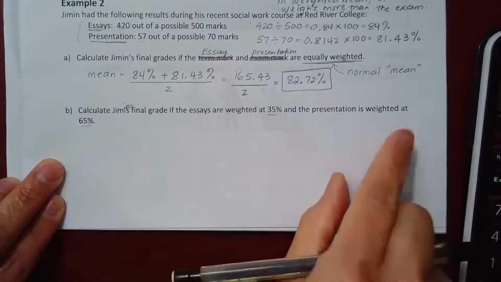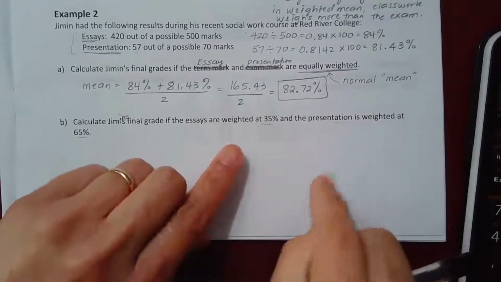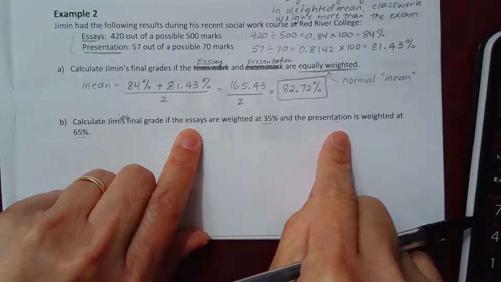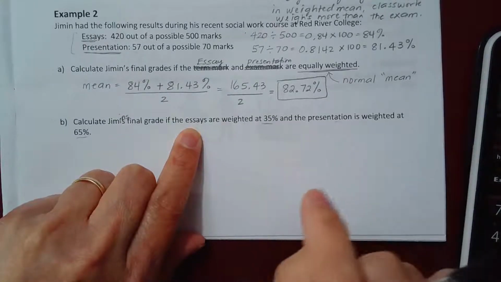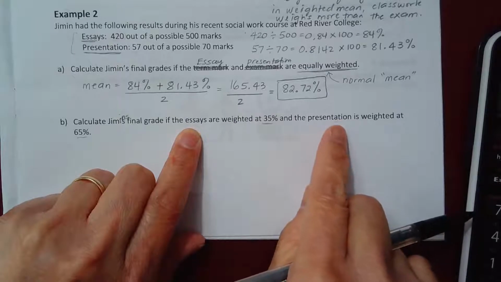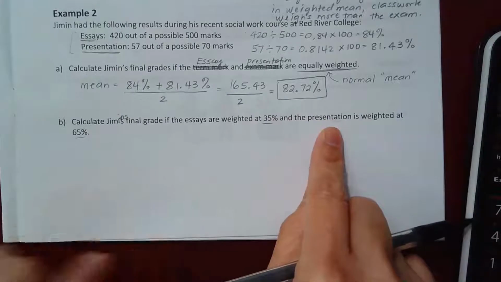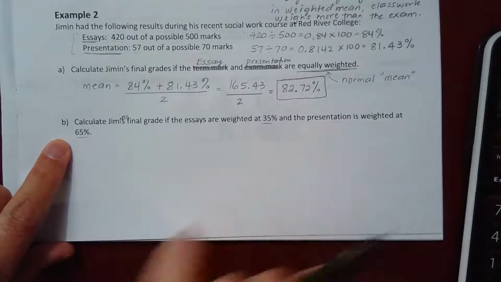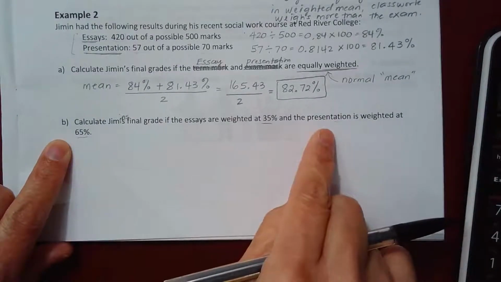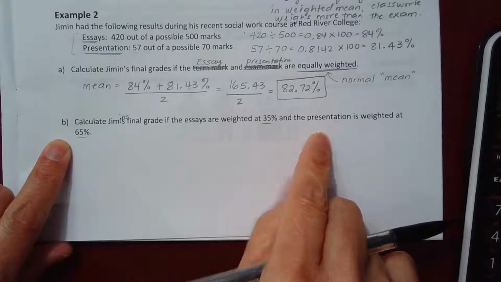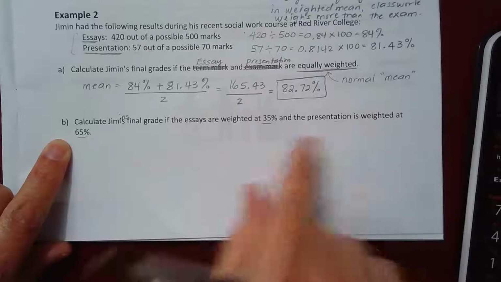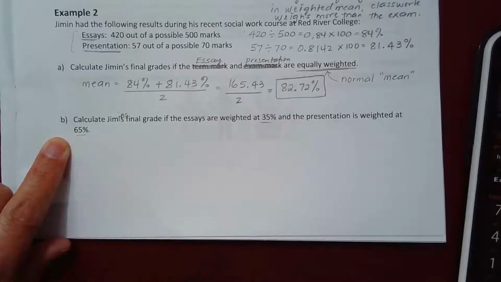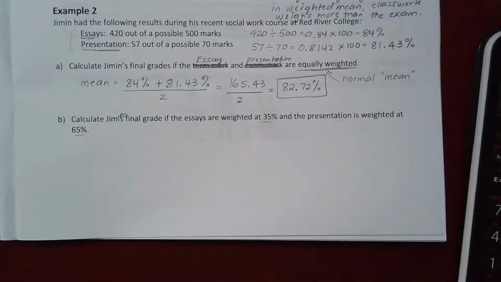So when we look at this one here, between essay and presentation, which one has a more important mark for him? Okay, the most important mark would be the presentation because it's worth 65% of the mark. So presentation is more important because it has a greater weight, greater worth, which is 65% of the mark.